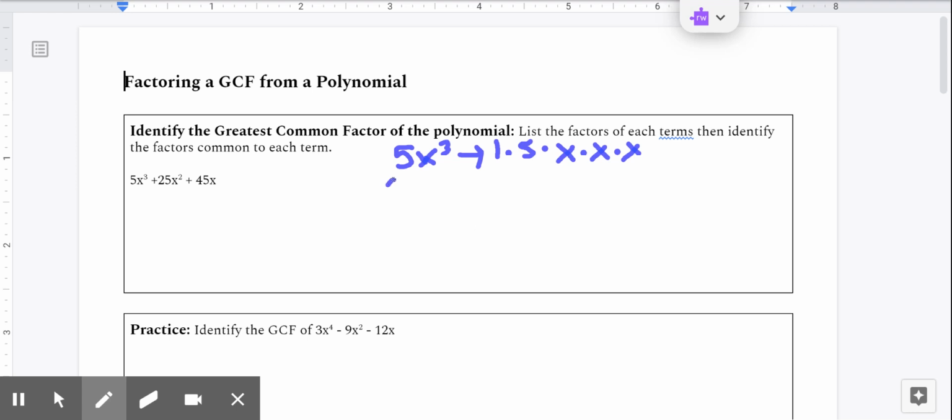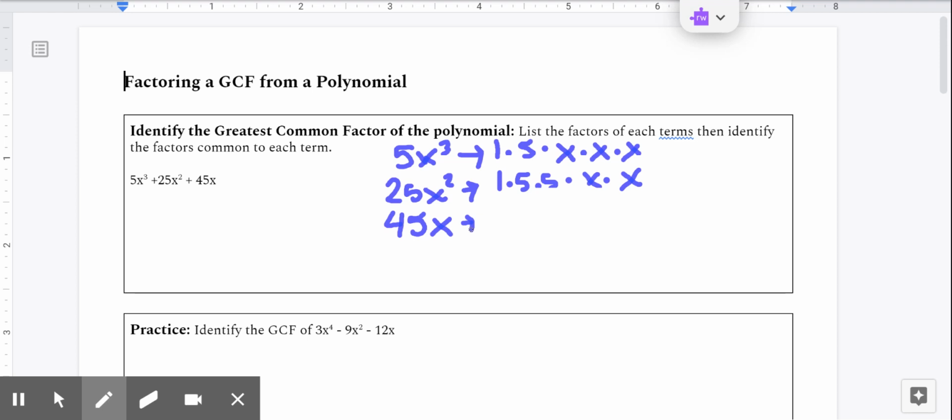For 25x squared, our factors would be 1 times 5 times 5 times x times x. For 45x, you might have to think a little bit harder on this one.